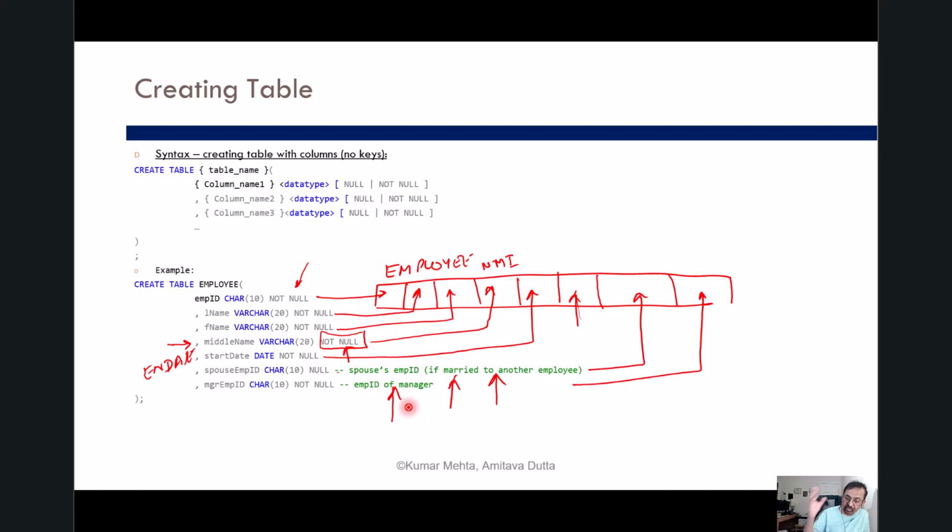And every employee must have a manager, except perhaps the one at the top. So every employee must have a manager, and that's why you see not null over here. So I hope you're beginning to see how this create command is being used. In this case, we are creating a table, and we are gradually filling in details about the table that's going to be created.